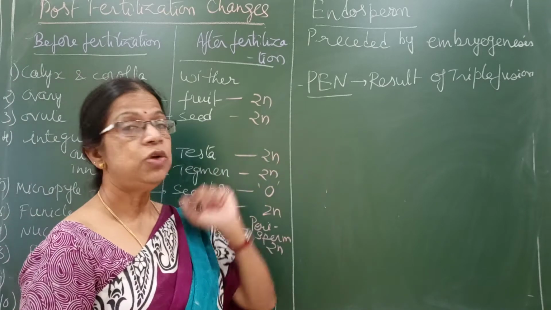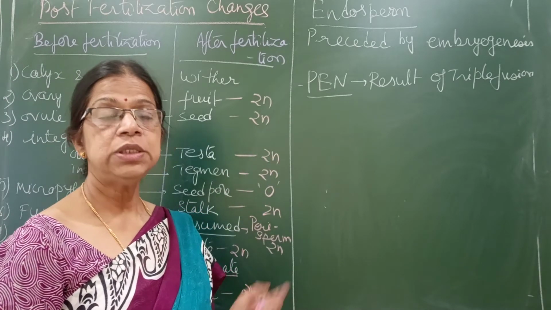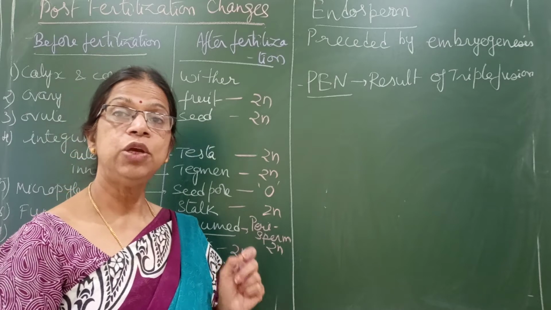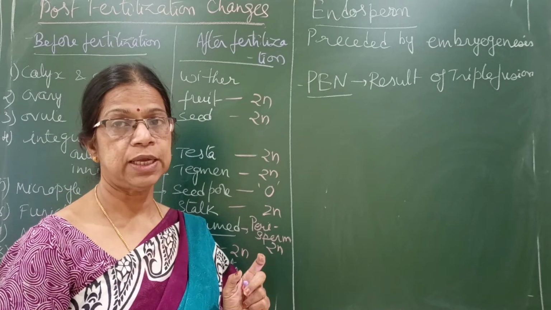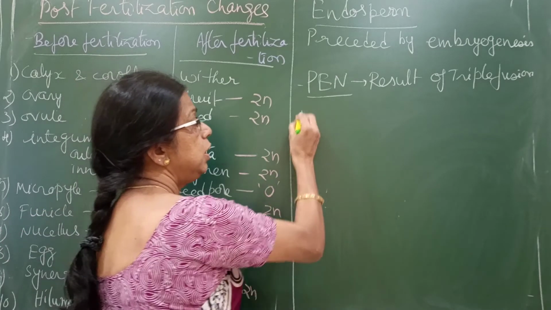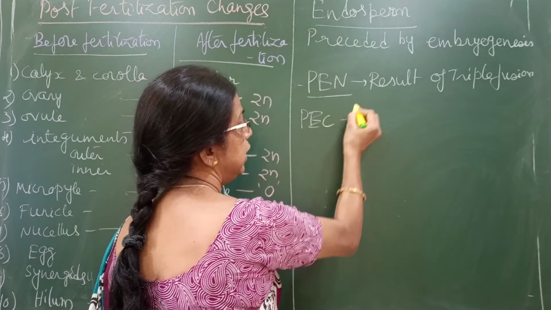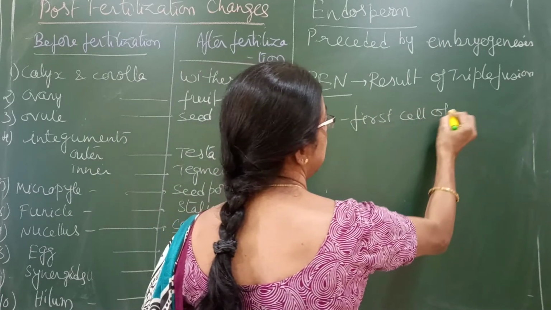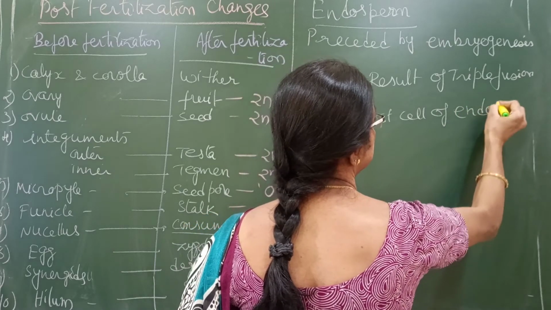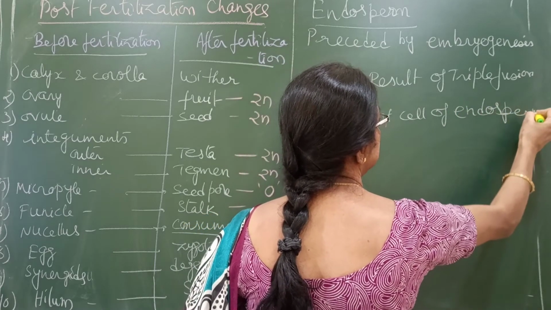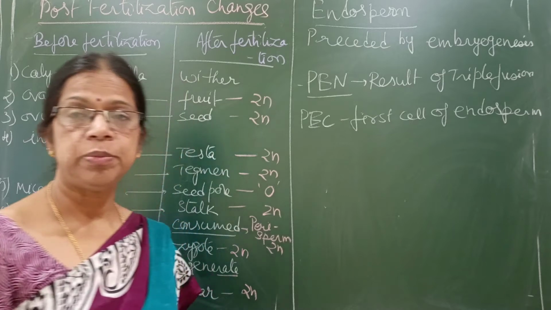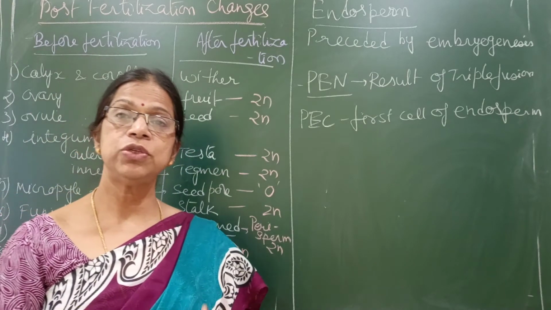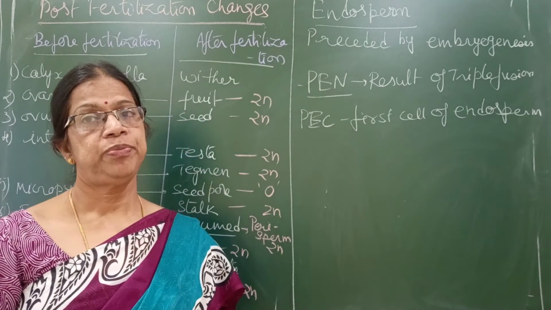This is present in the primary endosperm cell, which is the central cell. The primary endosperm cell is the first cell of endosperm, and it divides to give rise to endosperm.